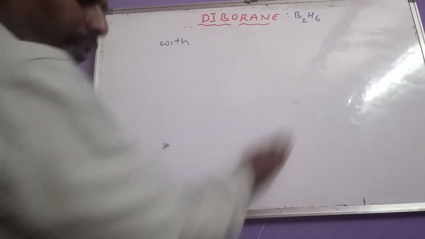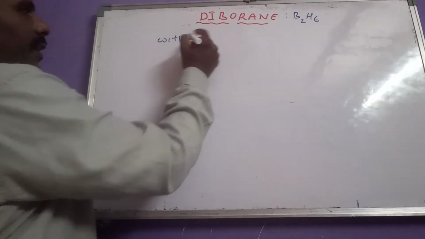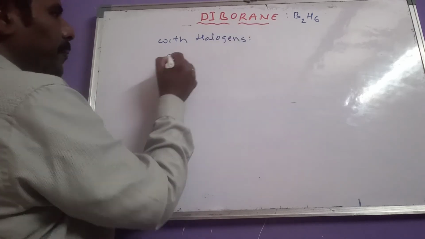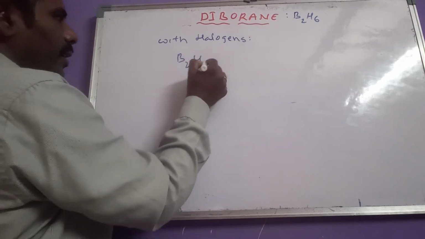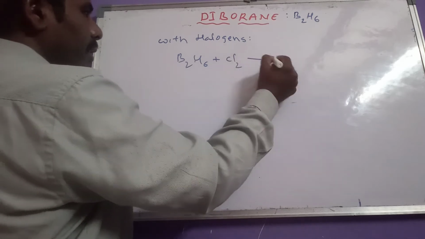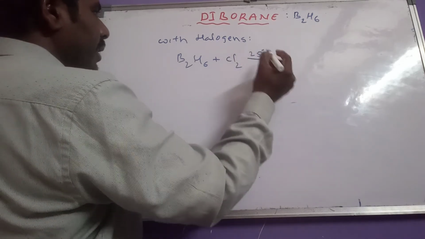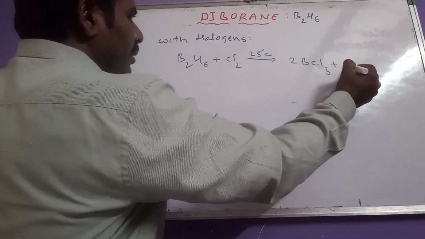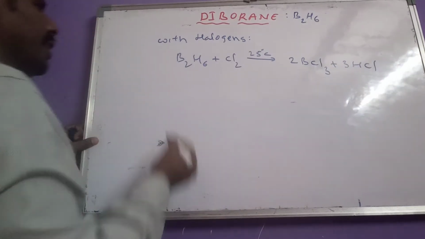And reaction with halogens. With halogens, how does it react? Let us see here. Diborane reacts with chlorine at 25 degrees centigrade and produces BCl3 and HCl.